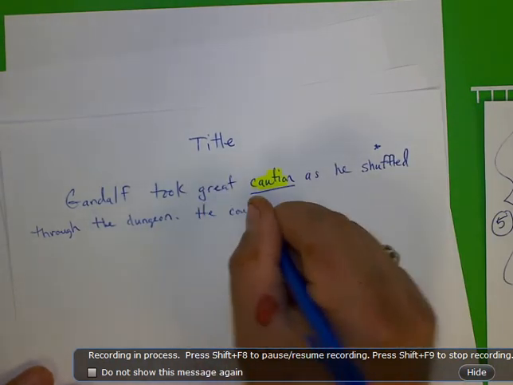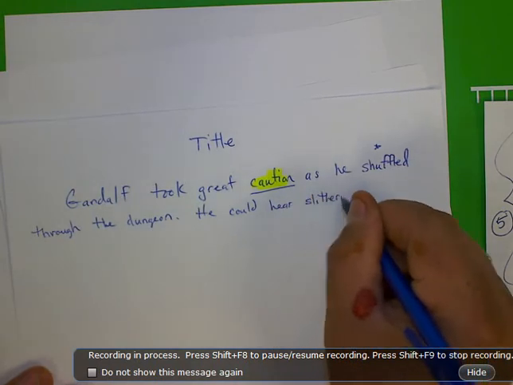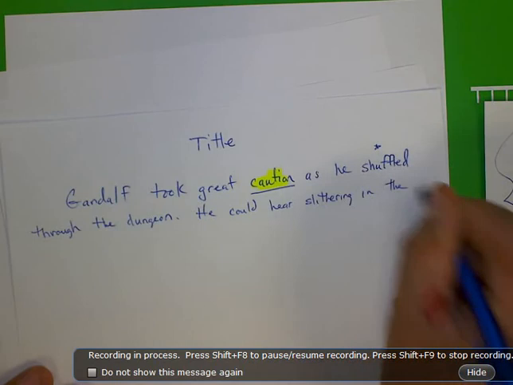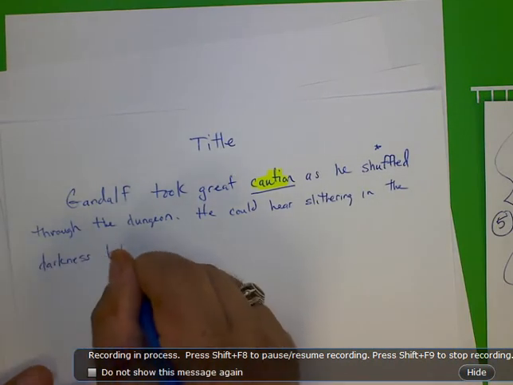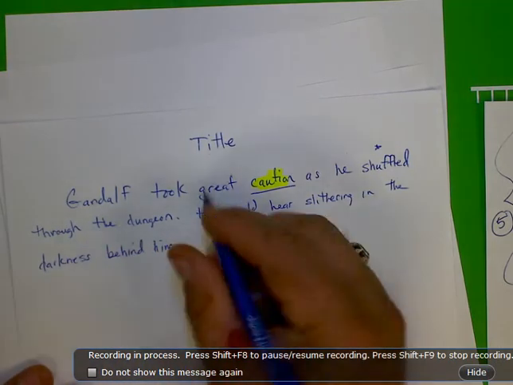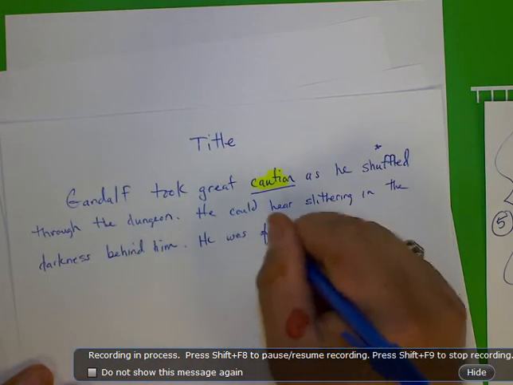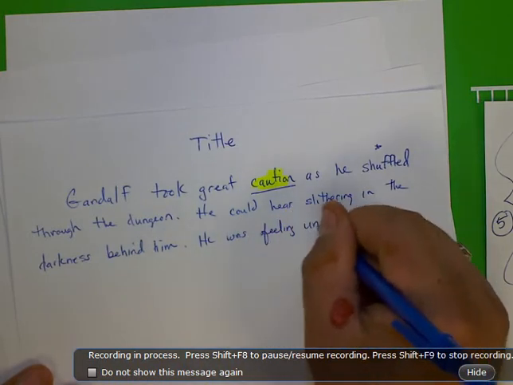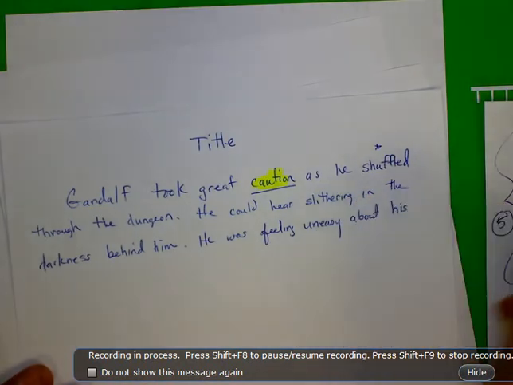he could hear slithering in the darkness behind him. He was feeling uneasy about his predicament.